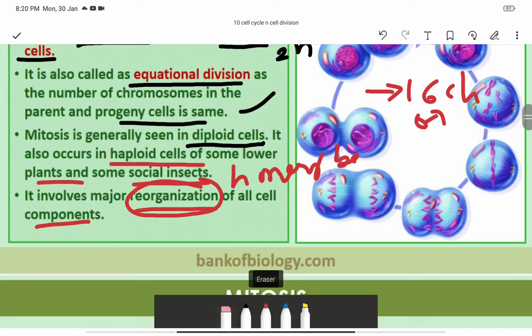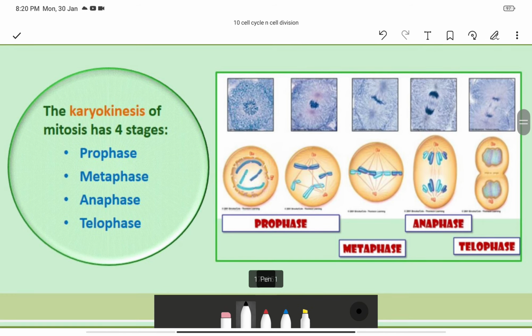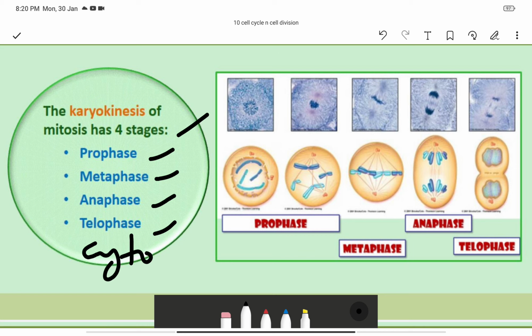In mitosis, the first step is karyokinesis. The karyokinesis of mitosis has four stages: prophase, metaphase, anaphase, telophase. How to remember this in order? After this, cytokinesis takes place, karyokinesis followed by cytokinesis.